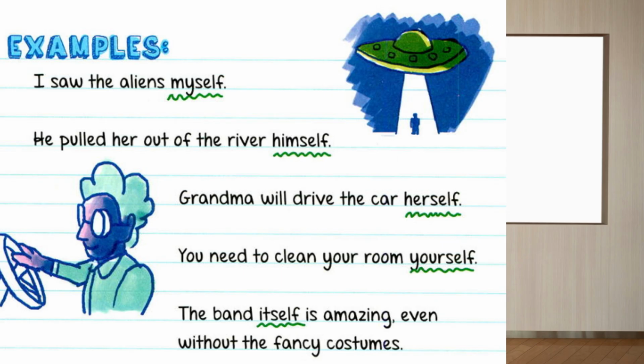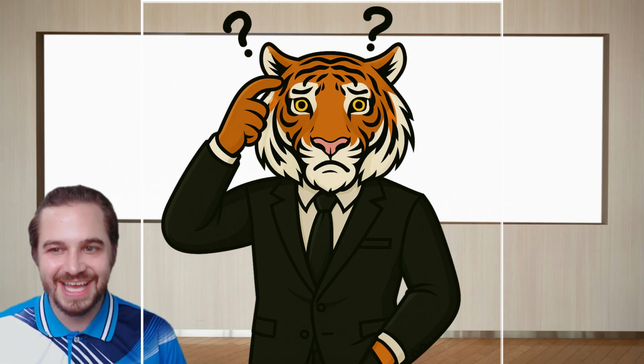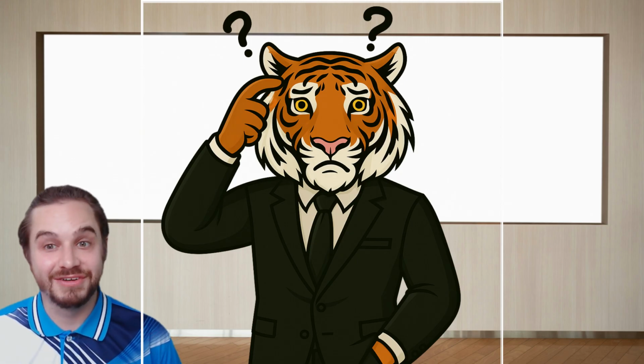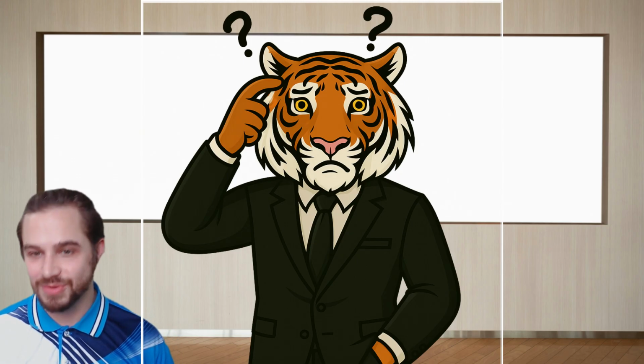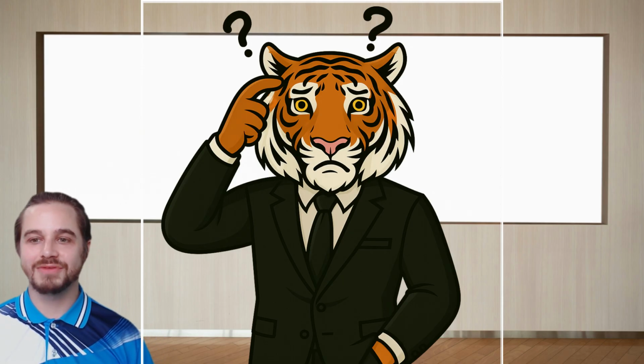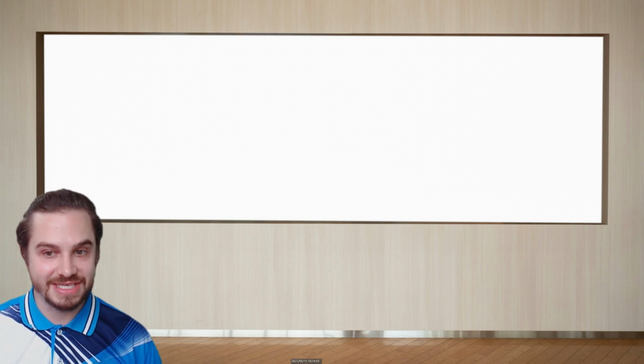An intensive pronoun can also be used as a reflexive pronoun, which refers to the subject of the sentence, clause, or phrase in which it stands. So you might be thinking, what's the difference between reflexive and intensive pronouns? Well, if you take a reflexive pronoun out of a sentence, it changes the meaning of the sentence.